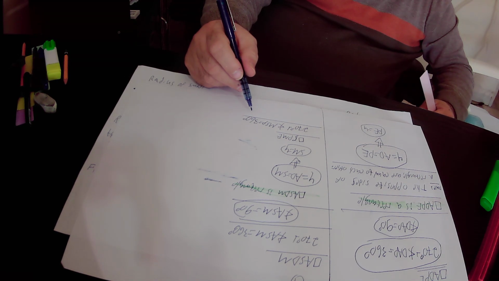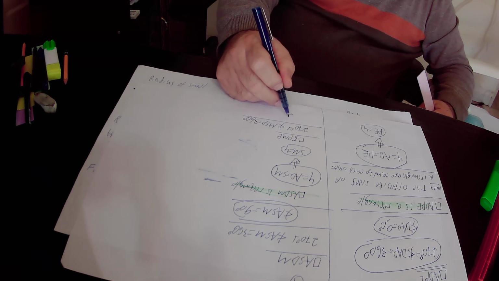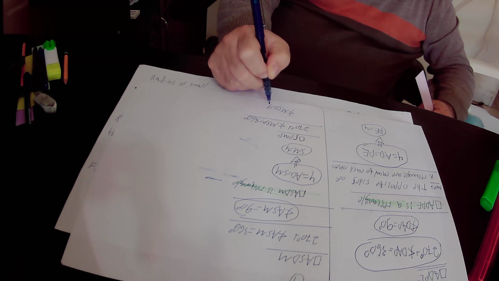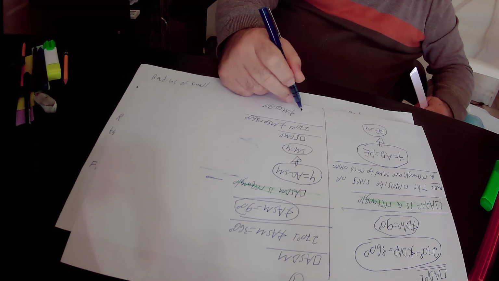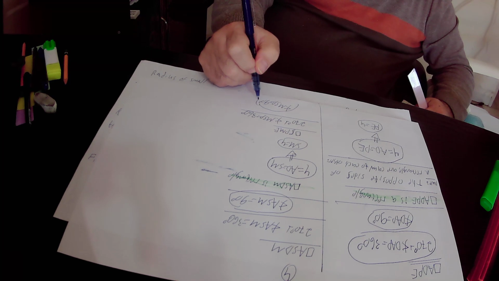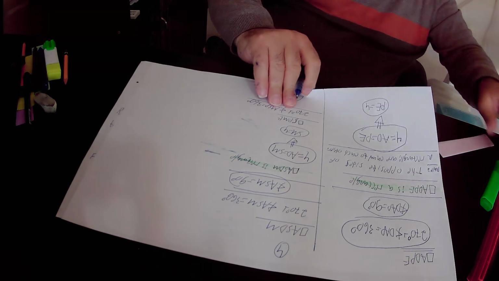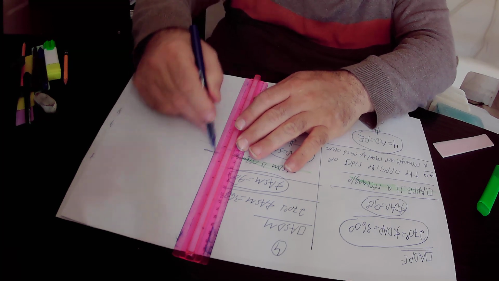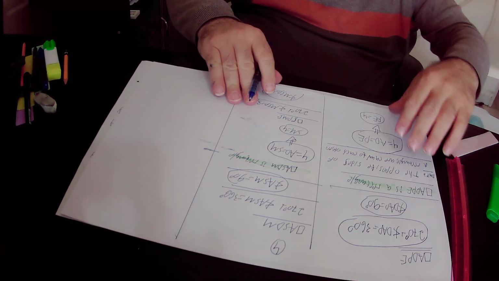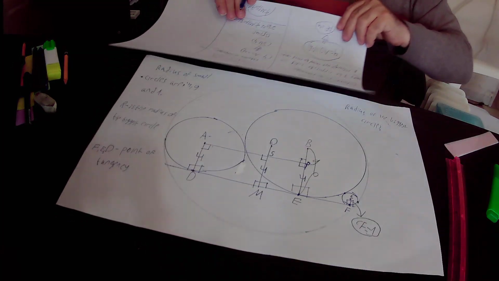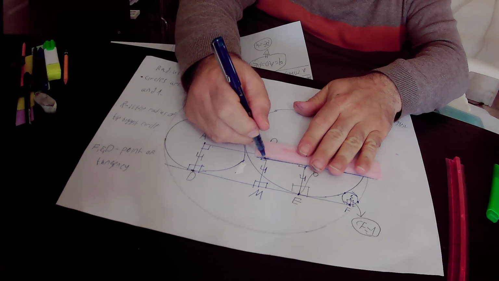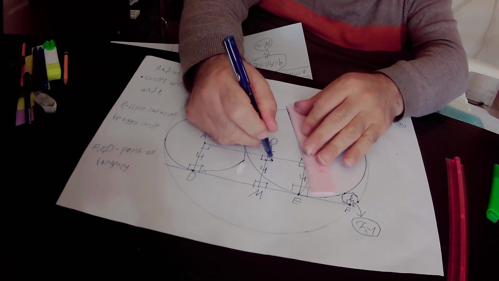We will subtract 270 degrees from this equation and we will get that angle MSP is equal to 90 degrees. So this angle is a right angle.